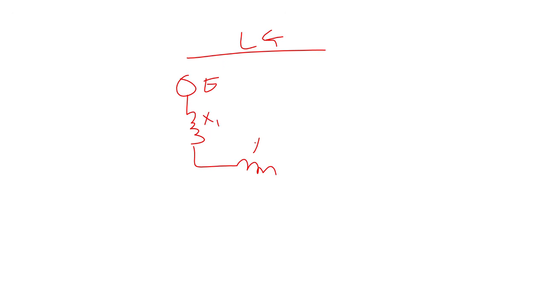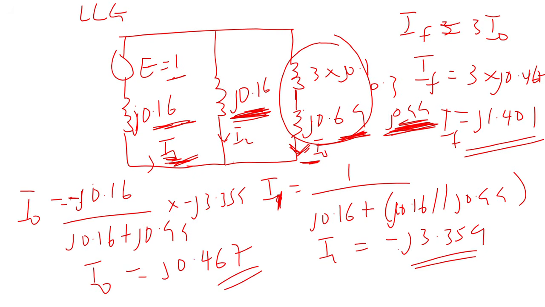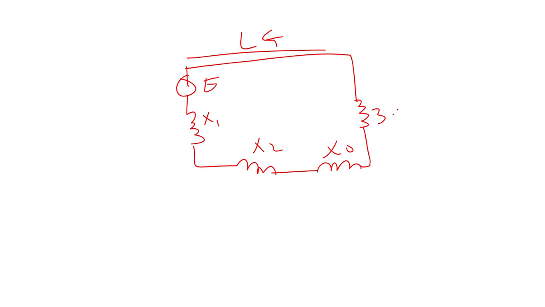X1 needs to be put in series with x2, in series with x0, and we need to bring 3 times the reactance, the j0.1, in here. So our x0 is j0.69, here is j0.16, and here is j0.16.